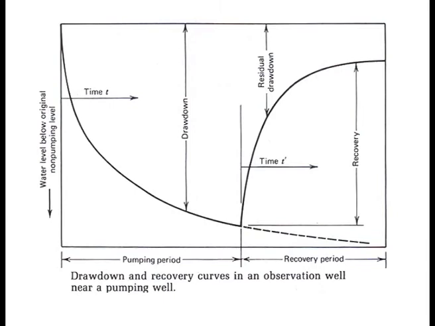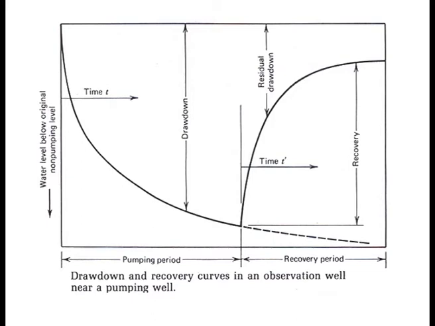When you stop the pump, water will rise. This is the drawdown period, denoted by small s. But when the water level rises, the difference from the original static water level to this level is known as residual drawdown, denoted by small s dash.